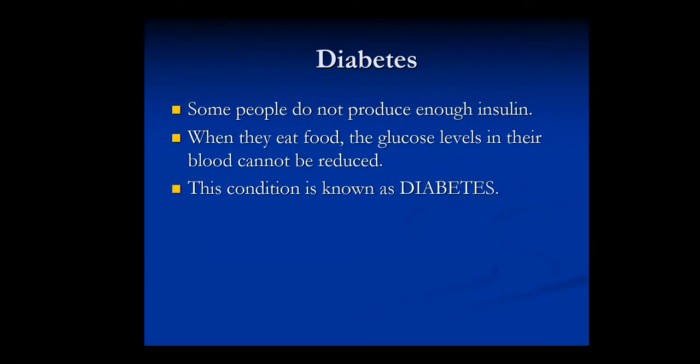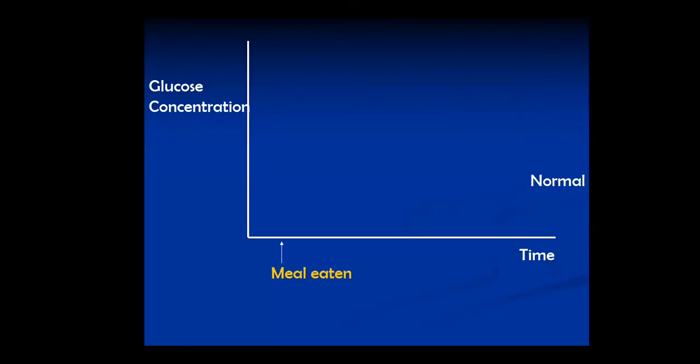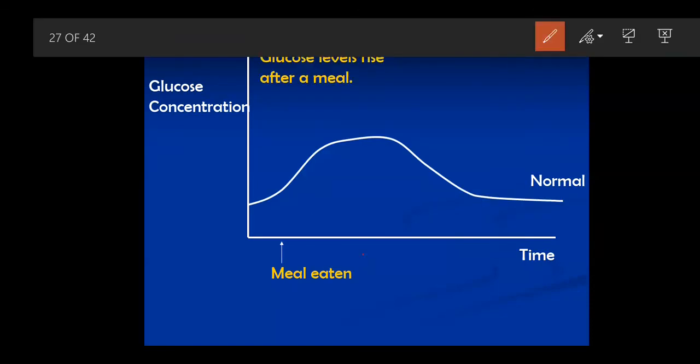And for this reason, the body is not able to convert the excess glucose to glycogen or to fats for storage. So every time a meal is eaten, here we have a graph of concentration against time, there will be a spike, an increase in the glucose concentration in this particular area.